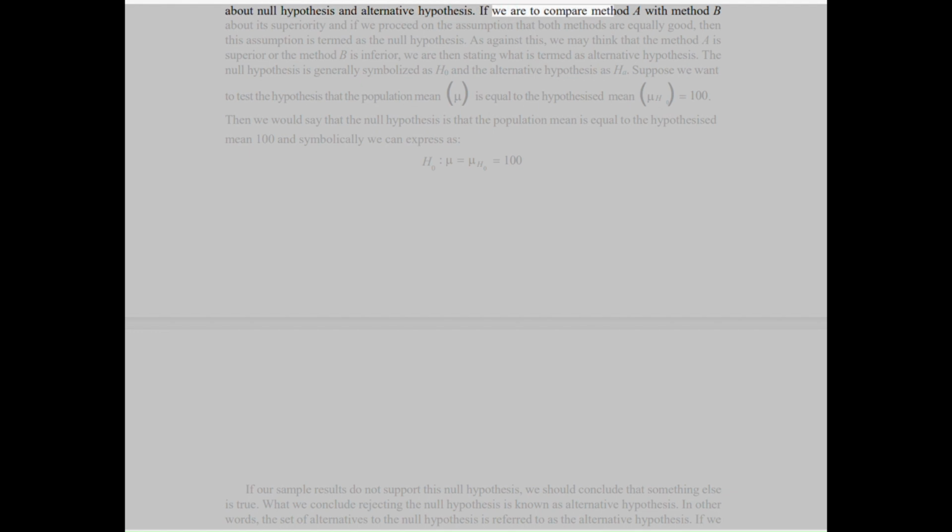If we are to compare method A with method B about its superiority, and if we proceed on the assumption that both methods are equally good, then this assumption is termed as the null hypothesis. As against this, we may think that the method A is superior or the method B is inferior. We are then stating what is termed as alternative hypothesis.